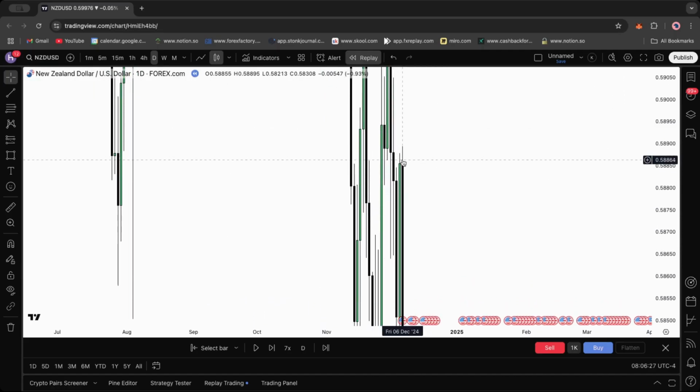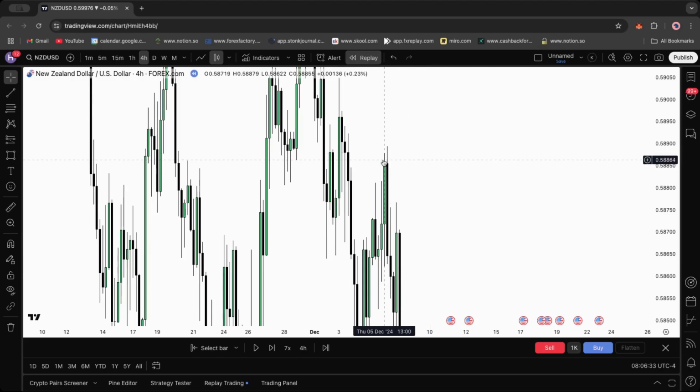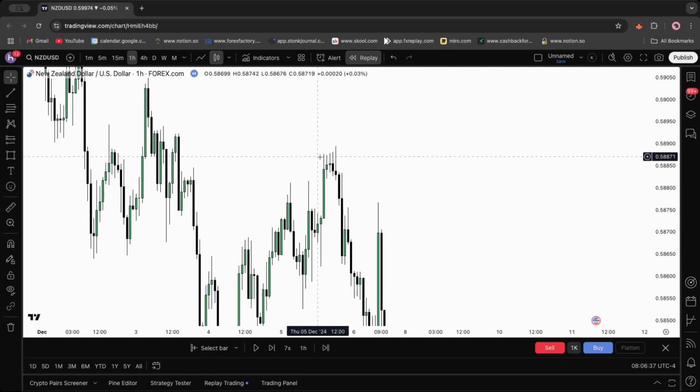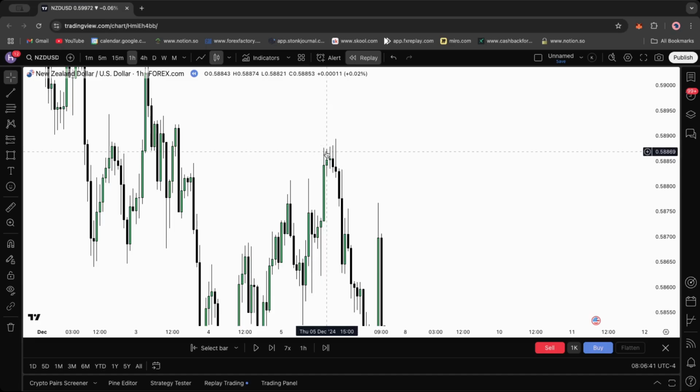This candle, we swept that previous day high and then moved lower. It will probably be clearer if I go down to a 4-hour chart, or maybe even a 1. Not necessarily, however, we had the previous day high, price went up there pretty much instantly, and then we sold off.